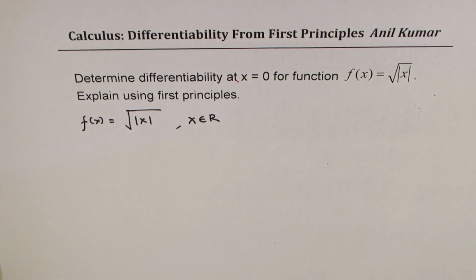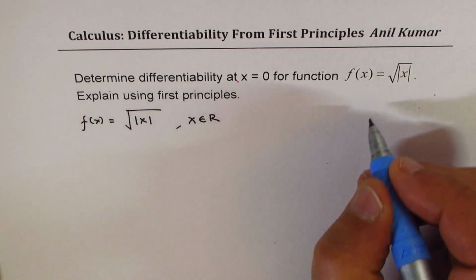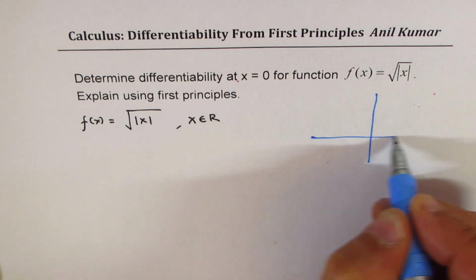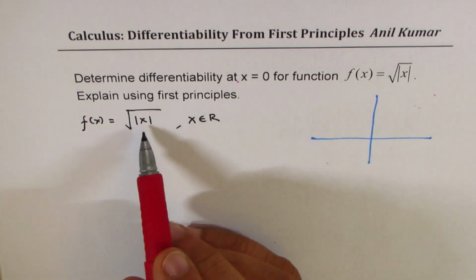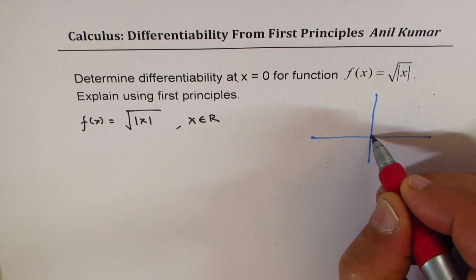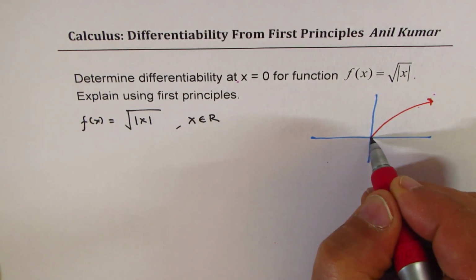In the previous case, x was greater than or equal to 0. Now how will this function look like? Let's try to sketch and understand this function. So both positive and negative values for x are permitted. So we'll have a function which will be kind of like this.